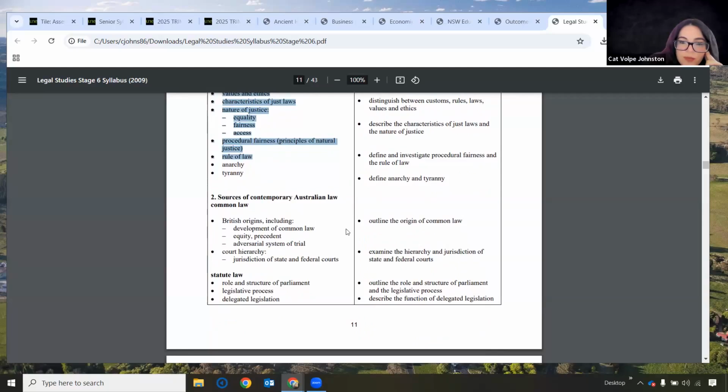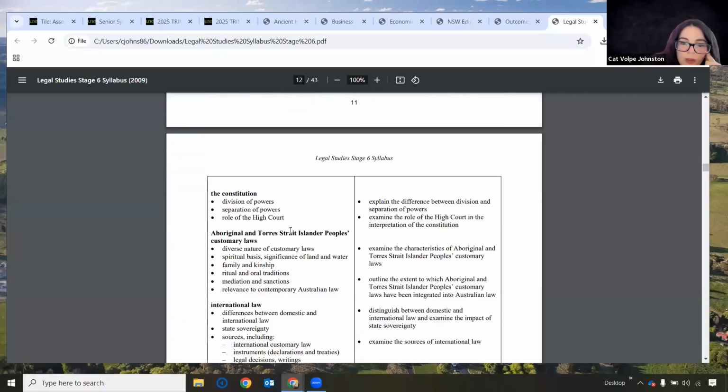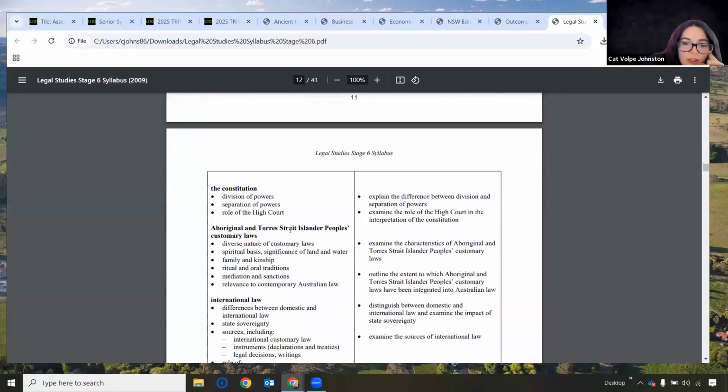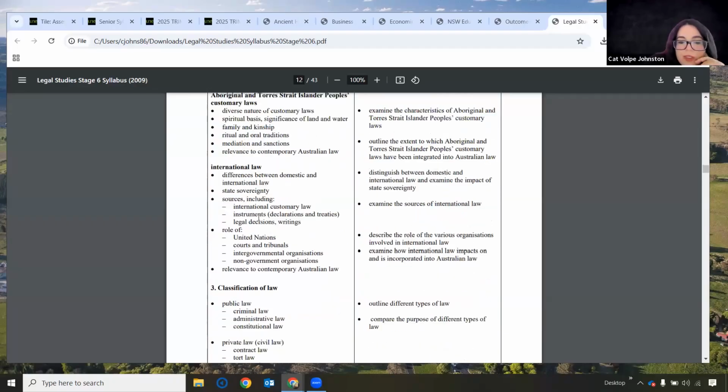Sources of contemporary Australian law, common law, probably wouldn't do that one either. Well, you'd sort of do a second topic on Aboriginal and Torres Strait Islander people's customary laws as a second topic. That wouldn't be a bad idea. Or international law to sort of compare and contrast with Australian law. That would be not a bad idea.